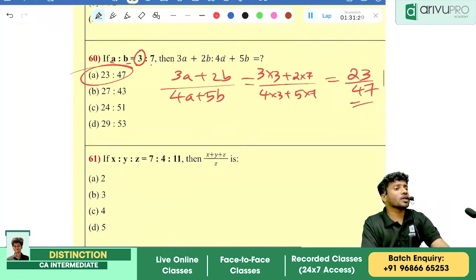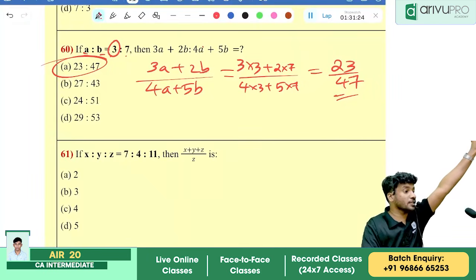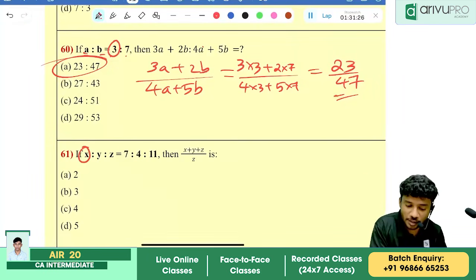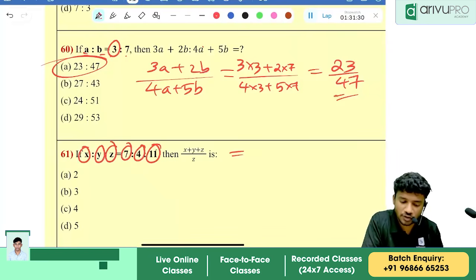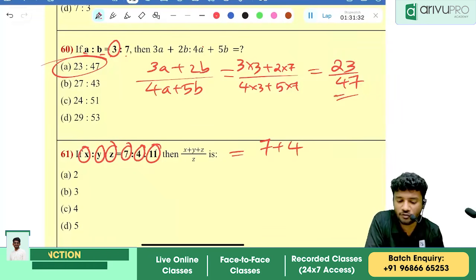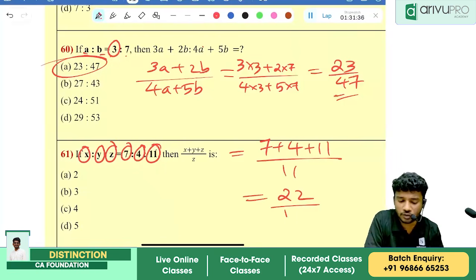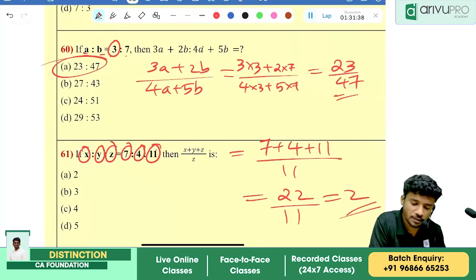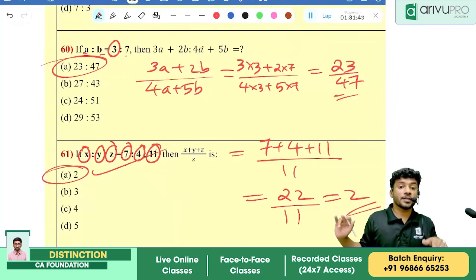Now people, what if there are 3 elements? Will you sit there and cry or do the same method? Same method. X is how much? 7. Y is how much? 4. Z is how much? 11. So it is what? 7 plus 4 plus 11 divided by 11, which is equal to 22 by 11, which is equal to how much? So many questions were there in the past based on this.